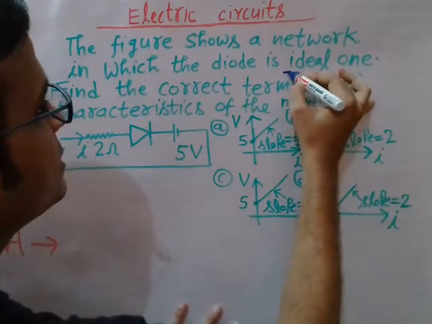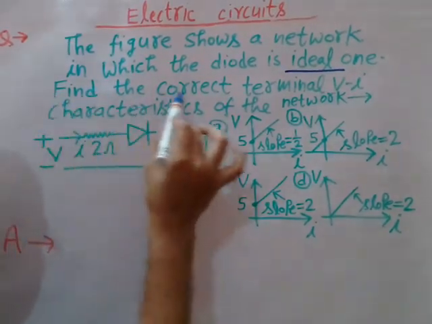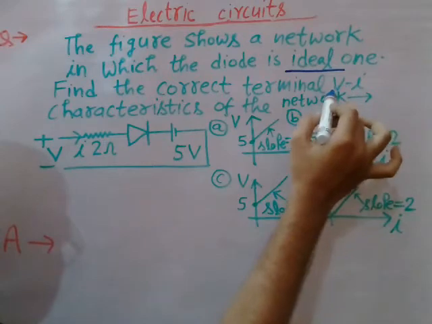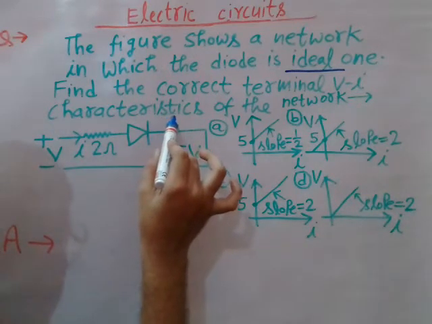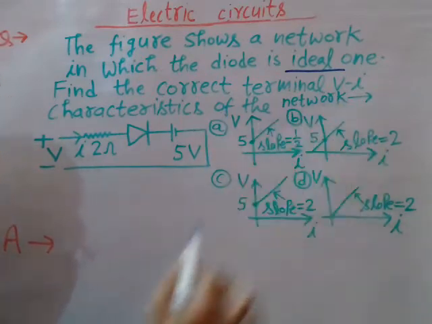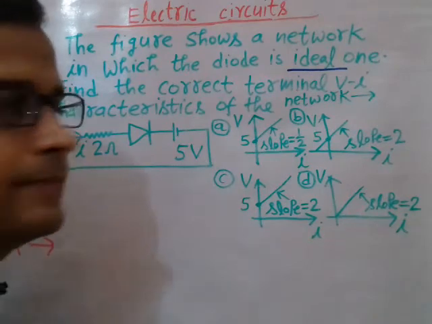The diode is given ideal. Now find the correct terminal voltage and current characteristics of the network. Did you understand the question?